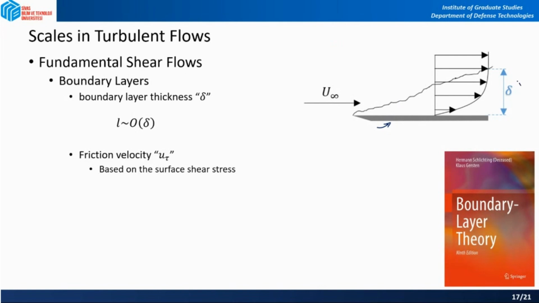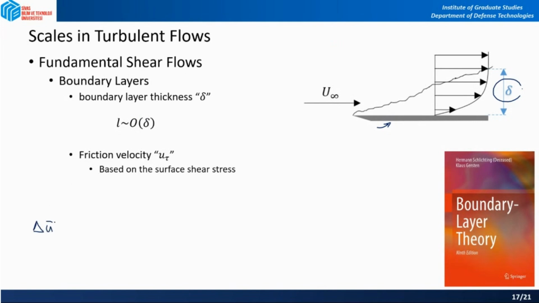We call it delta, the boundary layer thickness. So in this case your L is in the order of delta, but you have to note that the definition of the velocity scale is different than what we used for free shear flows, because in free shear flows we define delta U bar.